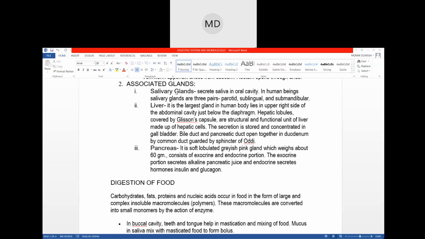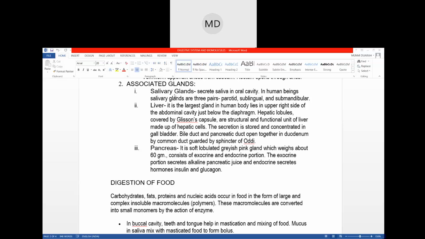From the salivary gland, saliva comes out through the salivary duct. Saliva has certain enzymes that play a very important role in digestion, which we will discuss in digestion of food.